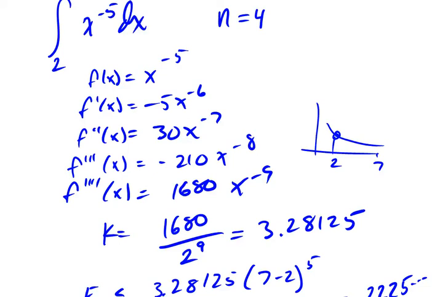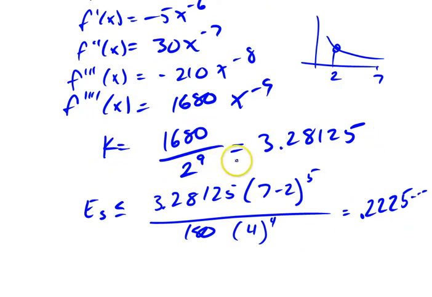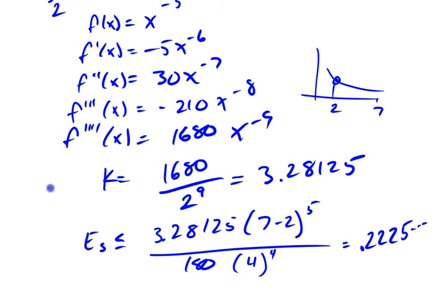It's growing actually faster than that, because I plugged in a 2 to the 9th power here to calculate k, where to do k for the trapezoid rule, I used the second derivative, and I had 30 times 2 to the 7th. Well, there's a factor of 4 that the denominator grew by, from 2 to the 7th to 2 to the 9th. But there's a factor of 56 that the numerator grew by. And so the numerator is growing faster.